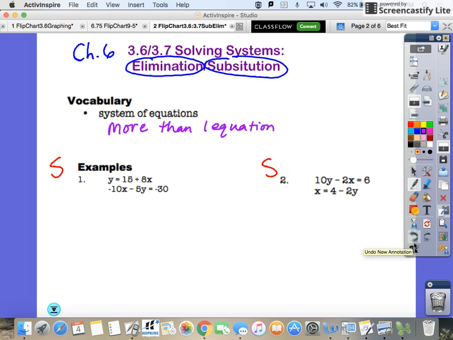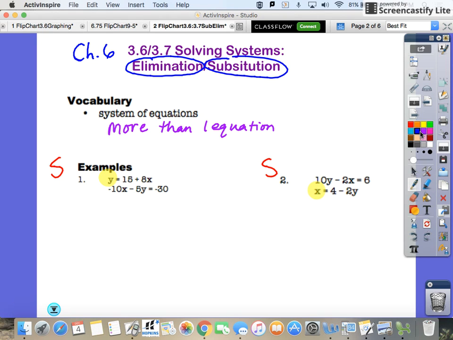So there's two methods, substitution and elimination, if you can't graph them. I have marked these with S's to tell you to use substitution. The reason I know we want to use substitution is because I can see that a variable is already isolated in both examples. This is one thing I struggled with in school, so don't stress if you struggle too.